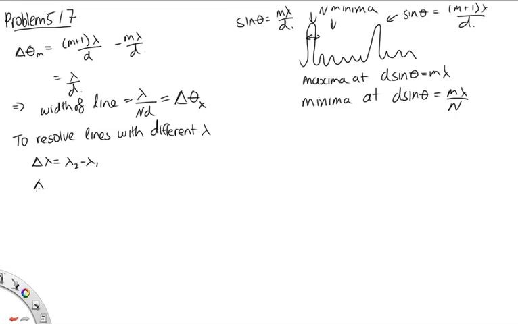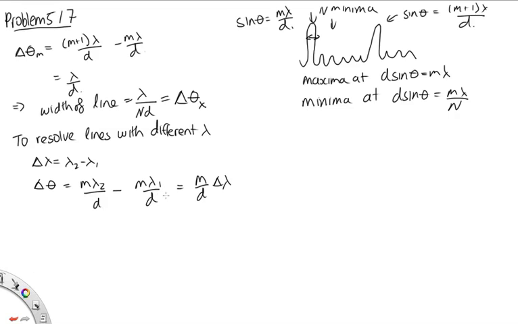And so the angular separation of these two lines, which just have different lambdas, will be given by m lambda 2 over d minus m lambda 1 over d, which is equal to m over d times the wavelength separation.